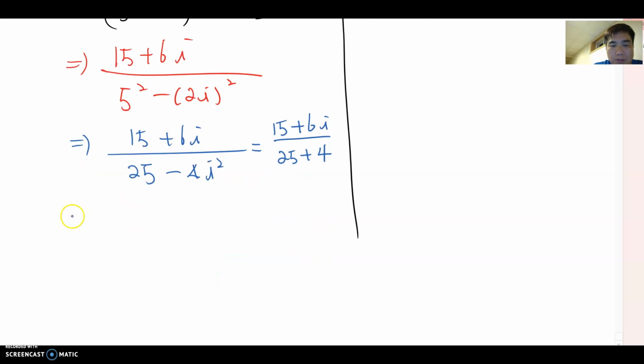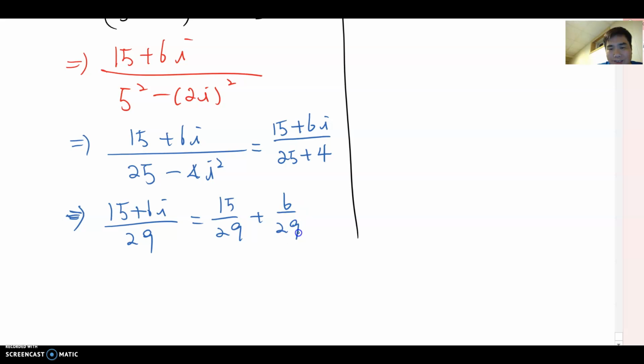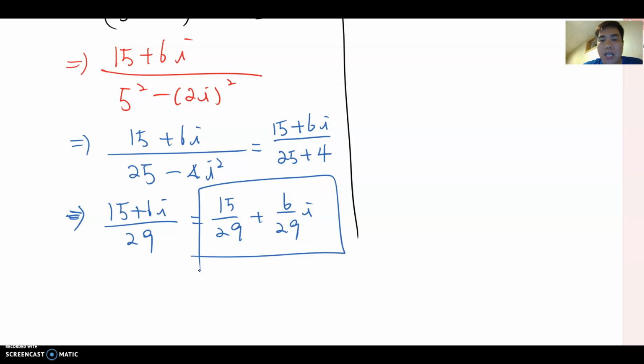Therefore, the answer becomes 15 plus 6i over 29. Making complex number form, this becomes 15 over 29 plus 6 over 29 i. If we can simplify, you'd better do it, but since 29 is a prime number, we cannot simplify. So that should be the answer for this division problem.